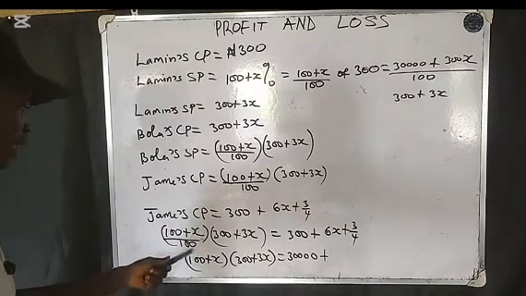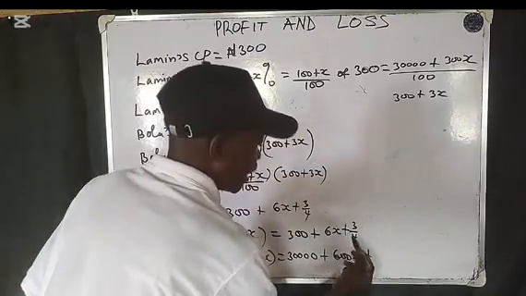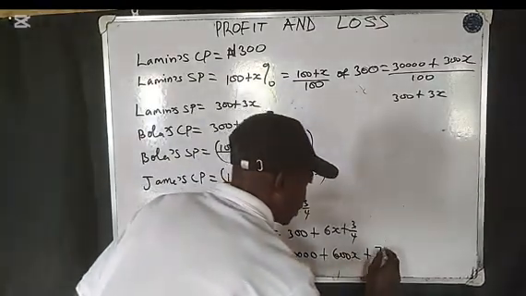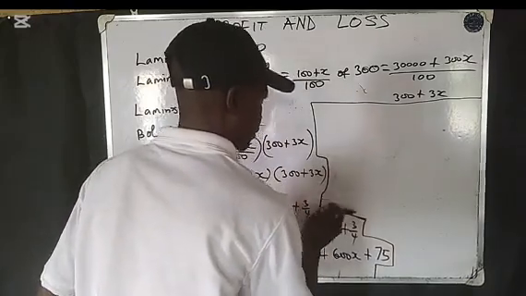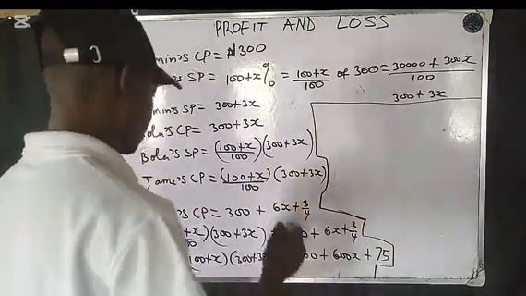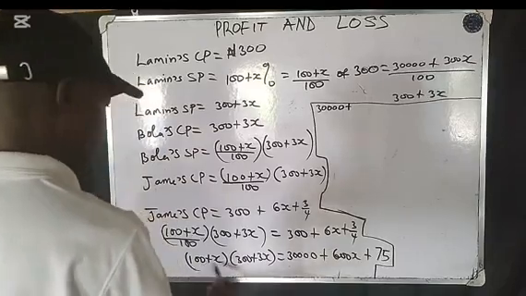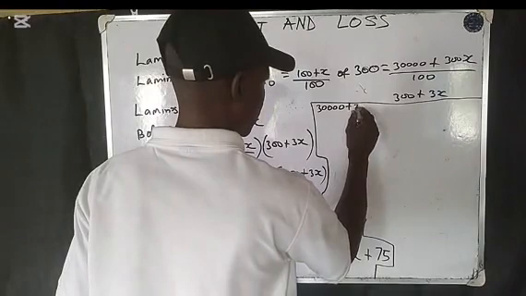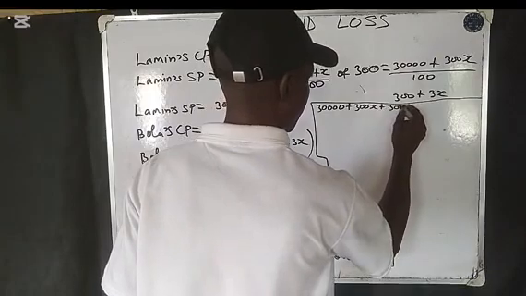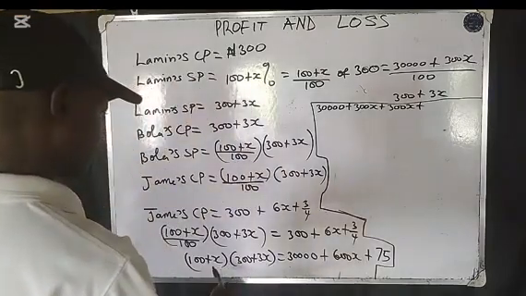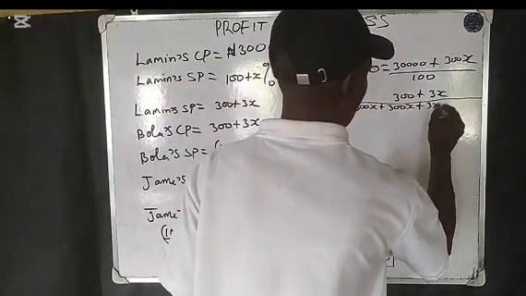The 100 here will cancel the 100 here. Is that right? So this one will give us 600x, right? The 100 here, 4 goes in 100, 25. 25 times 3 is 75, right? So 100 times 300, right? Plus 100 times 3x is what? x times 300, right? x times 3x gives 3x squared, right?